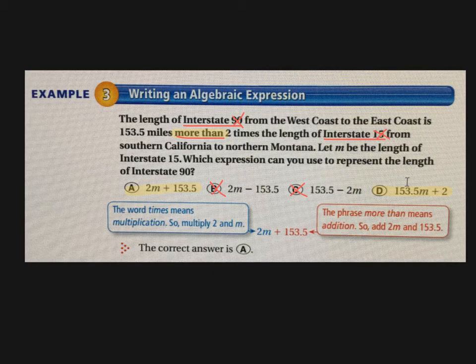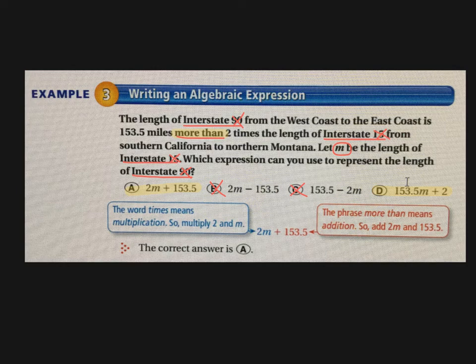So the next thing that we can look at, we've got the talk of Interstate 15 again. We have this talk of Interstate 90 again. Let's get rid of those numbers. M is important because that is our variable. That's the length of the interstate. We want to know about Interstate 15. What we do know already is that Interstate 90 is 2 times the length of Interstate 15.